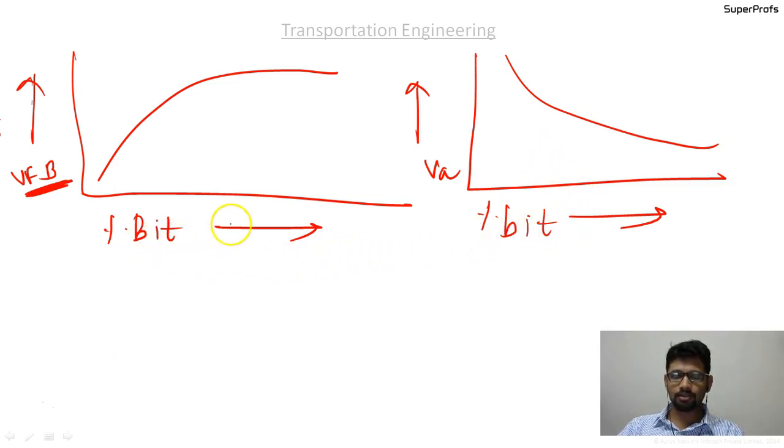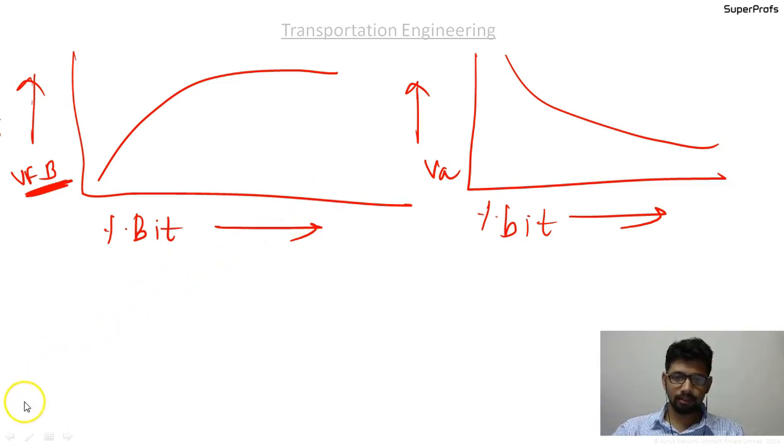These were the two graphs that we did not discuss. Earlier we discussed the Marshall flow value, density, and Marshall stability value versus the percentage bitumen content. And now we should move on to pavement design.